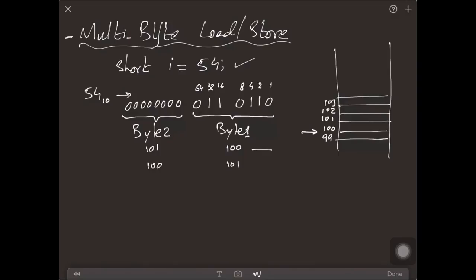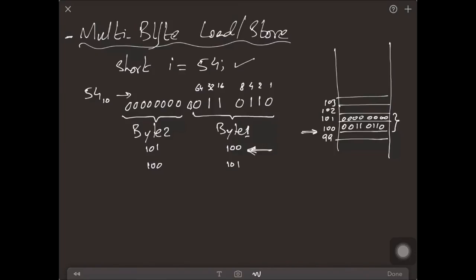So if we use this option, that is, store the least significant byte, that is byte 1, at the smallest address, that is 100, so writing 0 0 1 1 0 1 1 0 over here and 8 zeros over here.